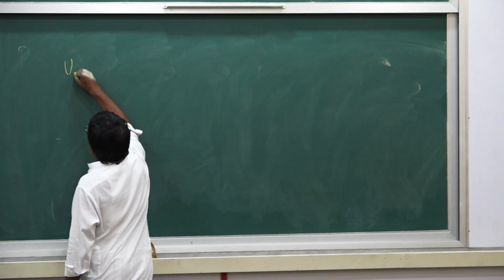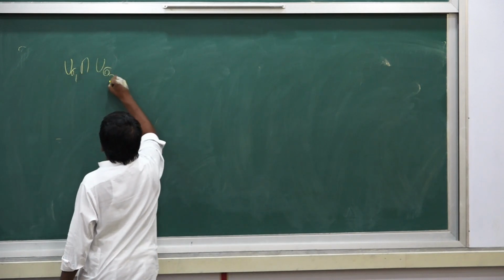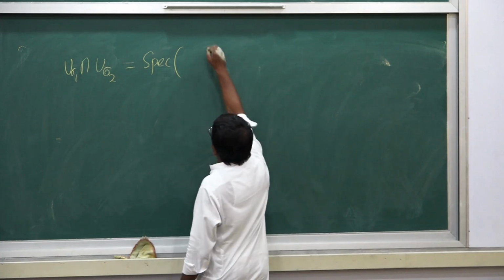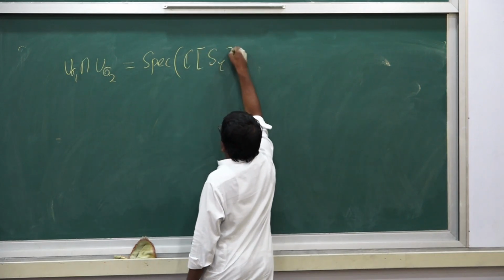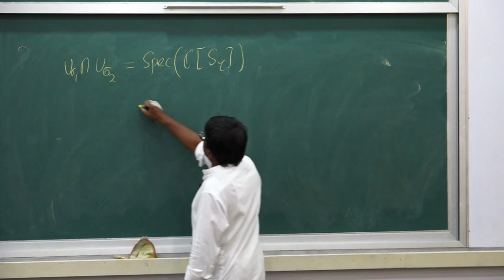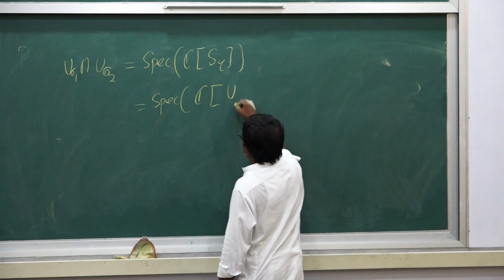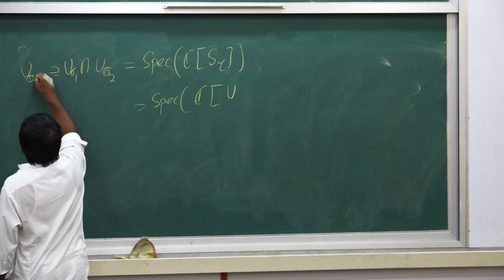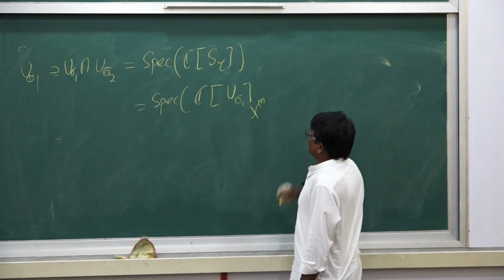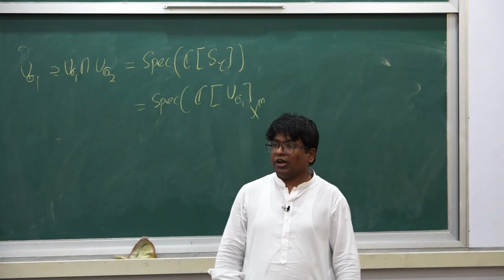If I want to realize this U sigma naught or sigma 1 intersection with U sigma 2, this is going to be Spec of C[S_tau], the corresponding intersecting face, or this is equal to Spec of C[S_sigma 1] localized at the character associated with M, where this M was in the relative interior of that thing.